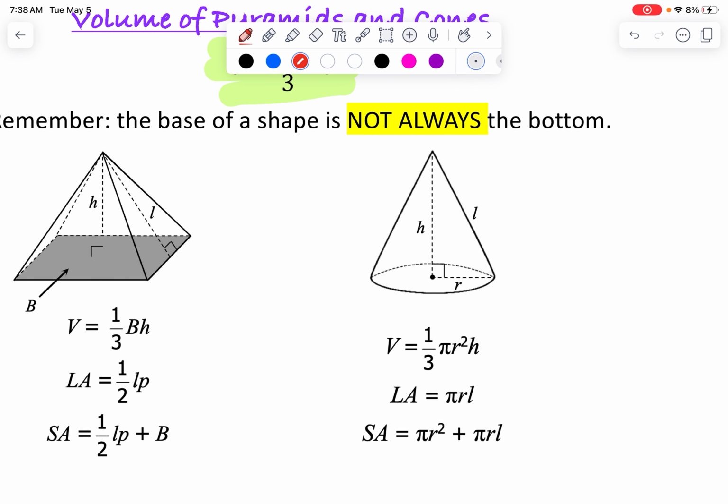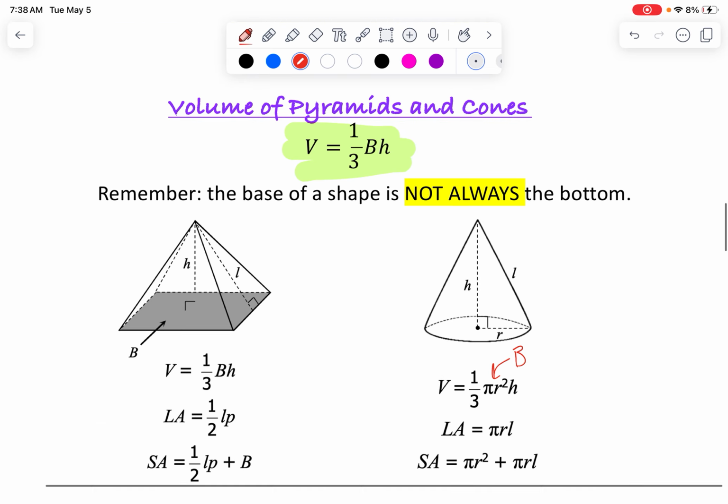Remember, this is just the area of the base because the base is a circle, and the area of a circle is pi r squared. So same thing. For pyramids and cones, it's just 1/3 base times height.